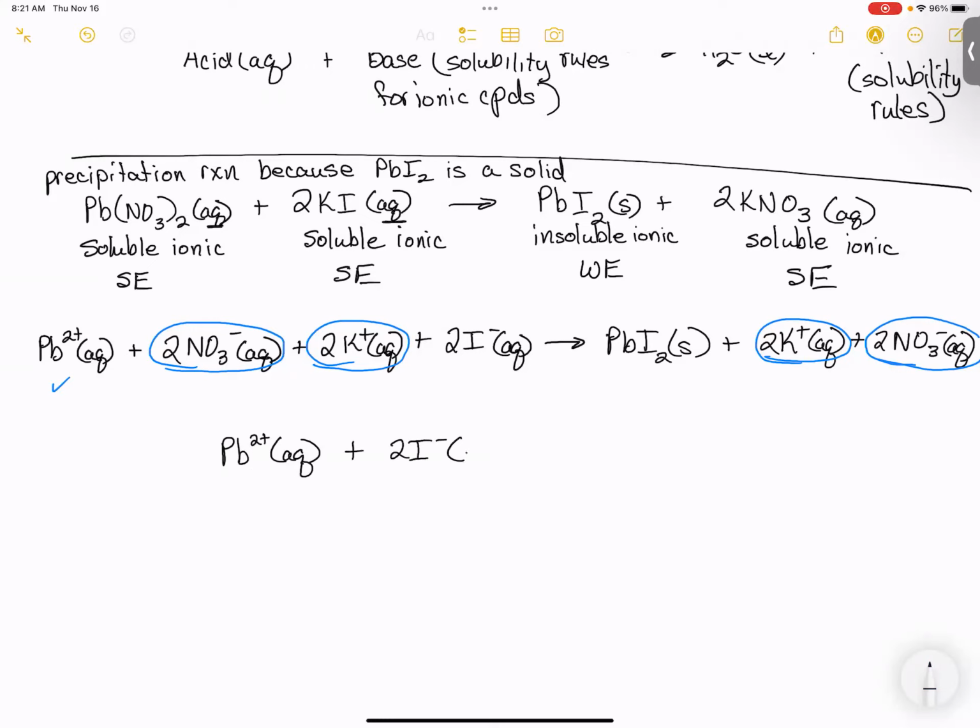This is the substances that undergo a change during the reaction process. So that bright yellow solid you saw last week that appeared out of 2 clear colorless solutions was lead 2 iodide. Questions?